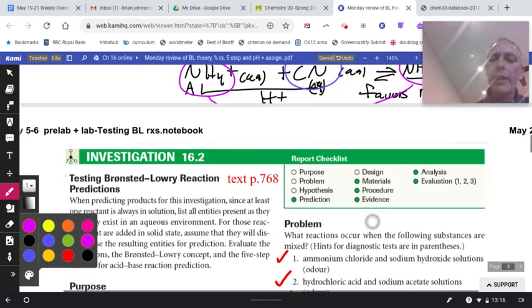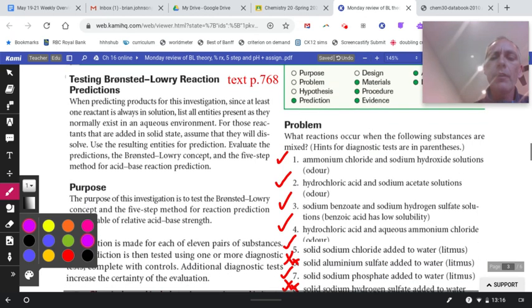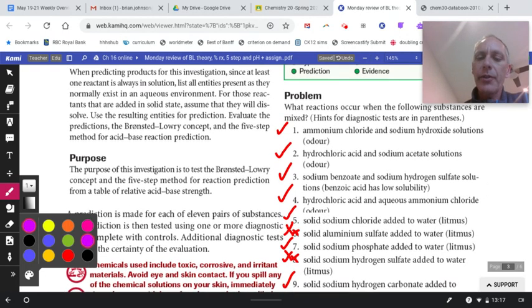Okay, and now your assignment for today. Normally we would do a lab, and your homework would be to do all the predictions for the lab, and then the next day we would go out in the lab and try all these reactions and see if they work. So you will only be doing the predictions, and you're going to do predictions for numbers 1, 2, 3, 4, and 7. So you've got 5 of these to do.